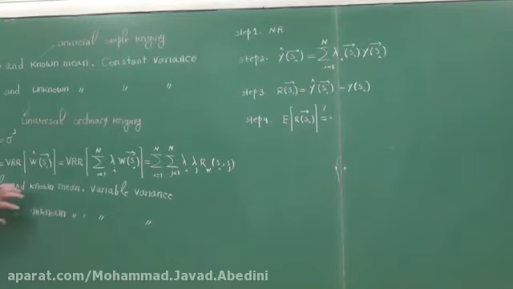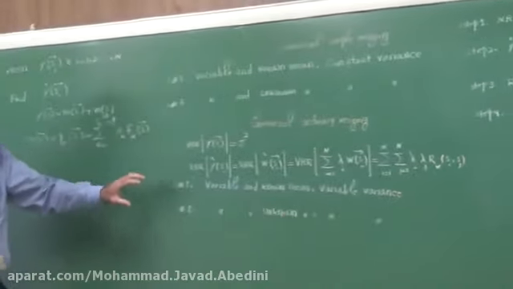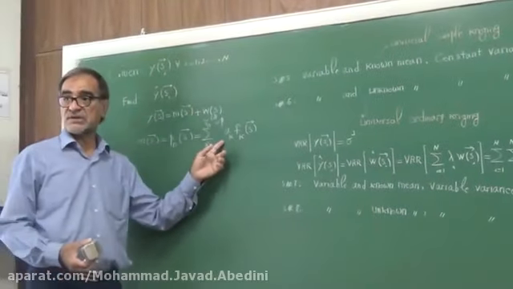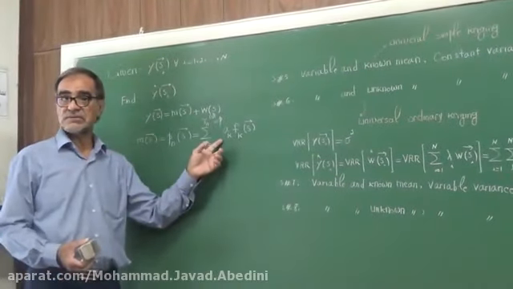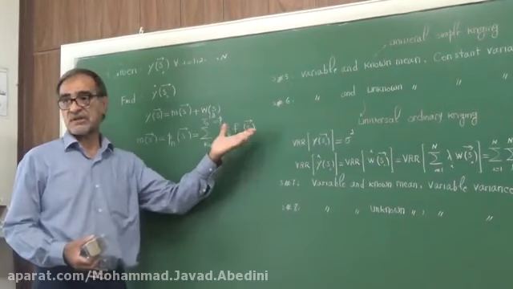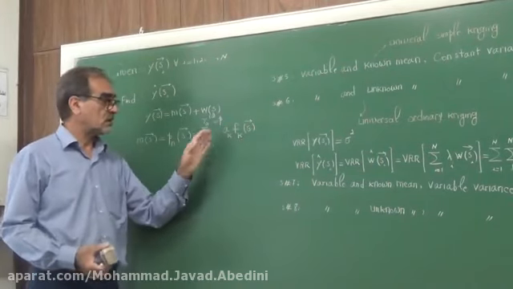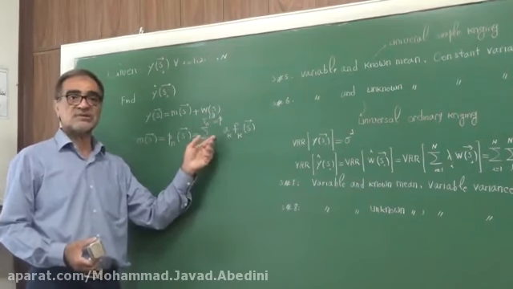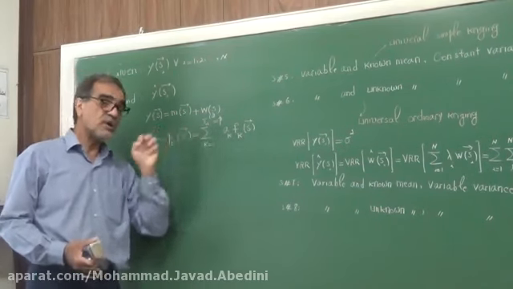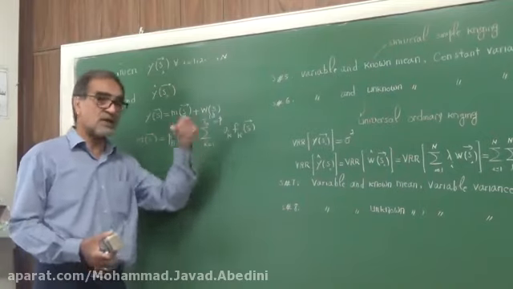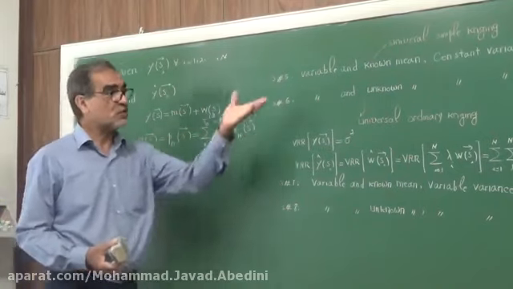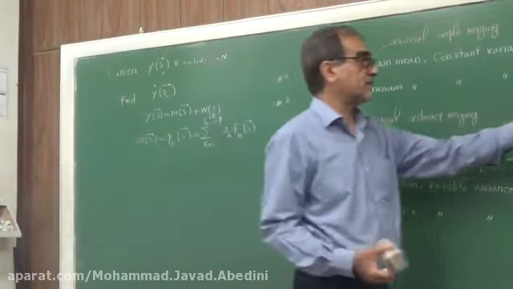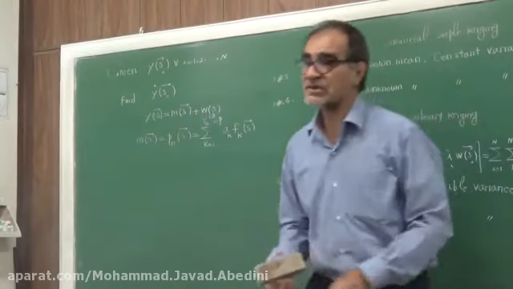By this unknown, we mean these a sub k are not given to us, because we have already known f sub k. By unknown we mean this a sub k is not given to us. And we have to make use of this unknown value of a sub k to be able to impose the unbiasedness condition on our residuals.